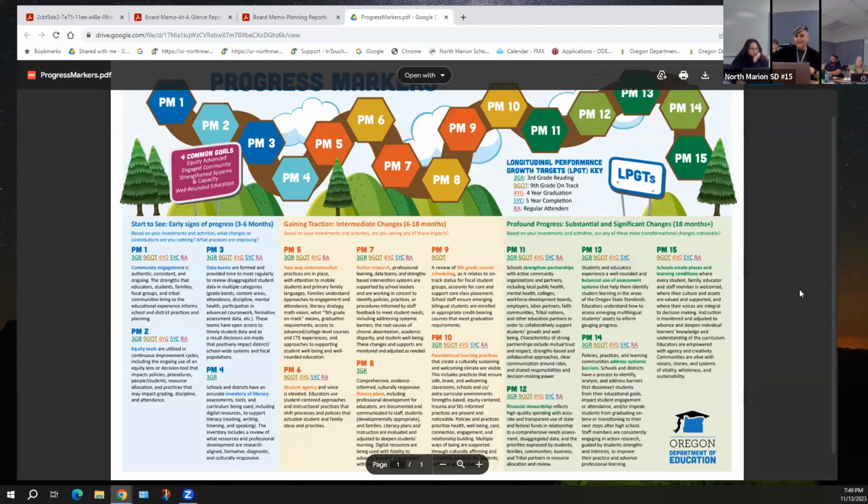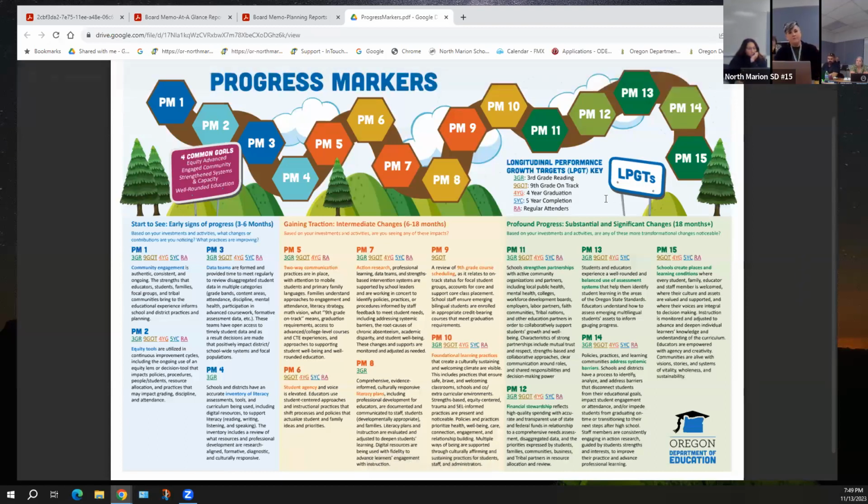We start to see additional steps, and then what are those things that we see later on? You see there are timelines attached, like the first 3 to 6 months, the next 6 to 18 months. So there are spots where we'd say, well, we're in progress, but we haven't made a lot of development. And we wouldn't expect you to see development quite yet because it's later on down the road.